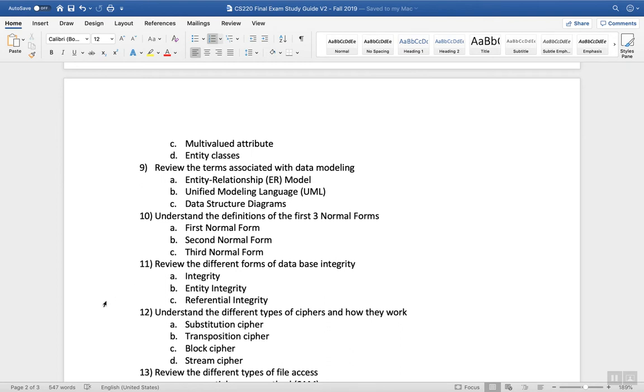We talked about the different types of integrity. Remember, the purpose of a database is to protect data and to make sure that it's correct and to preserve, as we say, the integrity of it. So the idea of just the definition of what is integrity, versus entity integrity, which, if you recall, is where every row has to have a unique key.